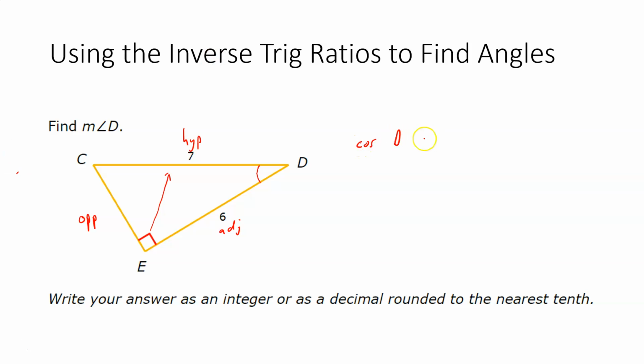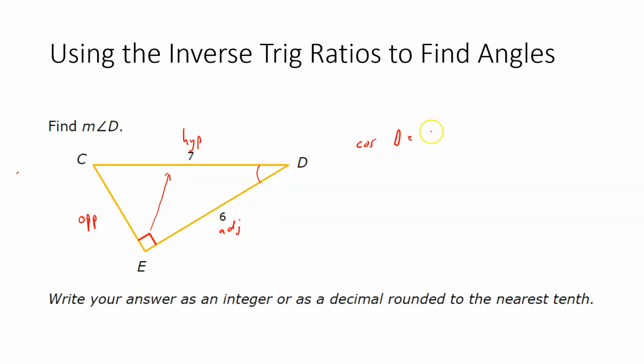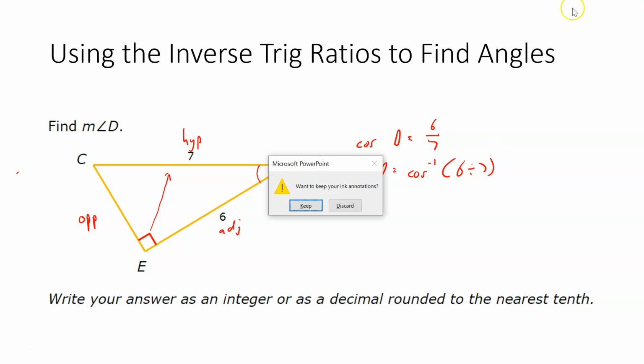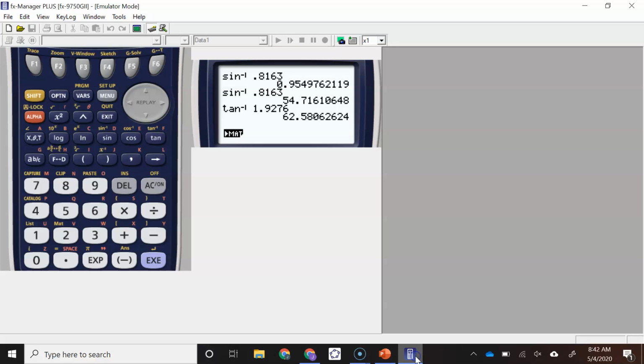So cosine of D is equal to adjacent, 6/7. So D equals inverse cosine of 6/7. We'd punch that into a calculator. So cosine inverse 6 divided by 7, because at the end of the day, a fraction is just division.